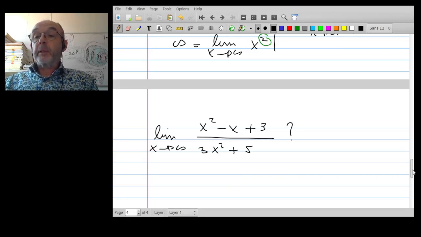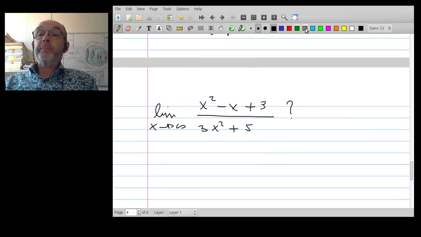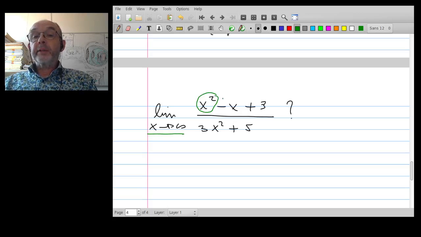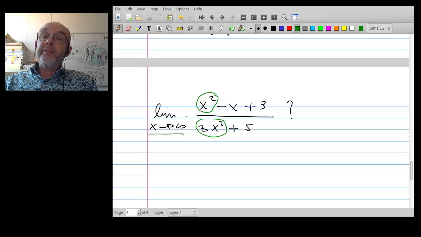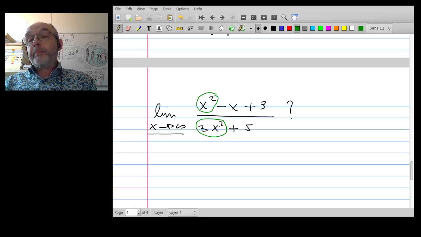Now, first of all, I look to the powers, and then x goes to infinity, and that means that the x squares are the greatest terms of your numerator and denominator. Then you see they have the same power. Okay, now what can we do?